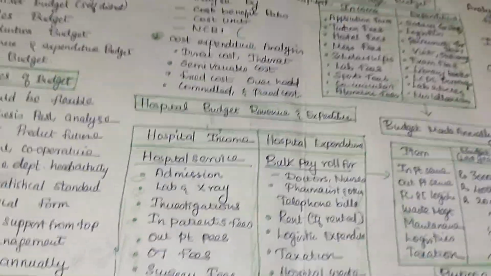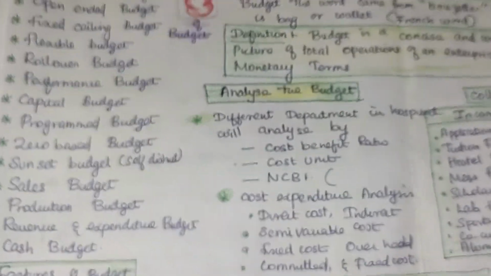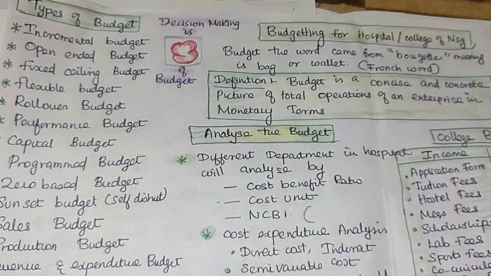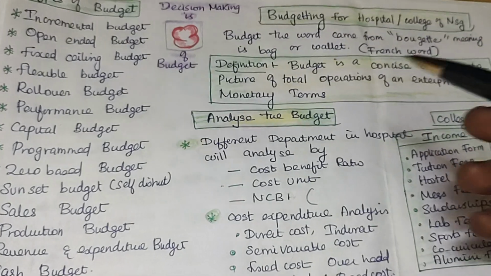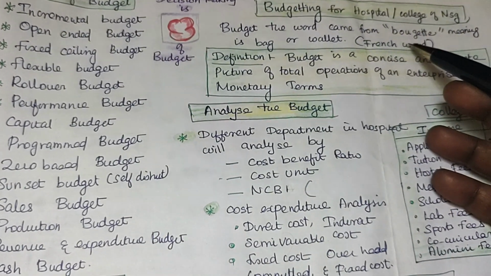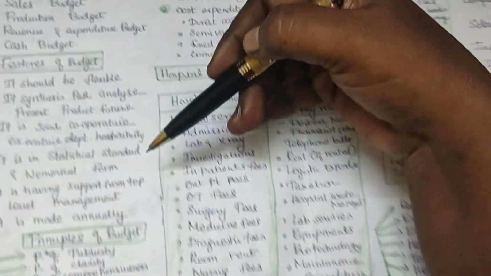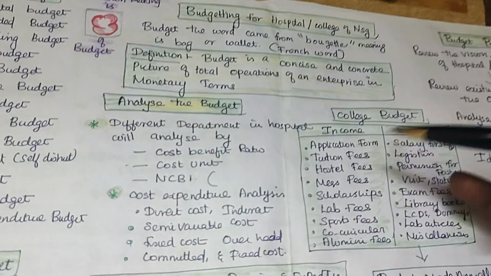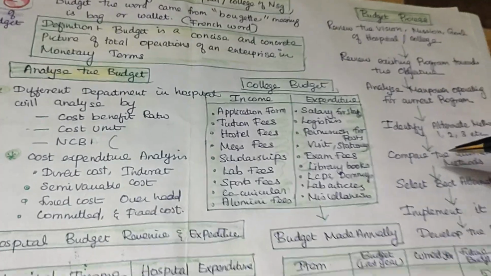This is a 5-mark or 10-mark question, and mostly a 15 to 20-mark question asked for MSc nursing students: how will you make the budget for the College of Nursing? If they are asking, write the definition of budget, the meaning of budget, what types of budgets there are, the principles of budget making, the income and revenue of the College of Nursing, analyze the budget and the budget-making process, review and expenditure and other processes.